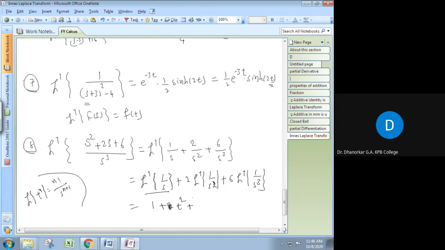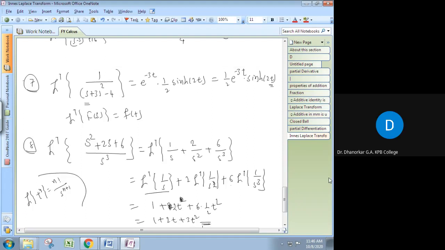This is t only, and I will write 2 as it is. Plus here is 6 and here should be 2. Now you can adjust, 2 divided by 2 doesn't matter. Here 6, I will write 1 by 2 into this. Therefore we are getting the final answer as 2t plus 3 into t square. This is your inverse Laplace.